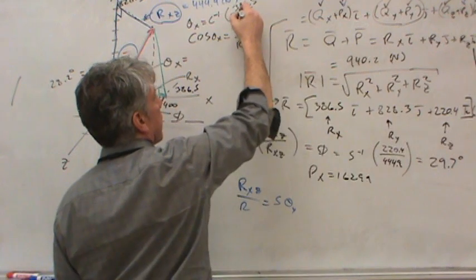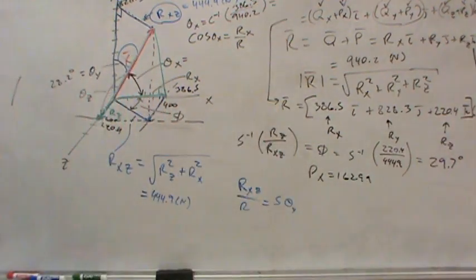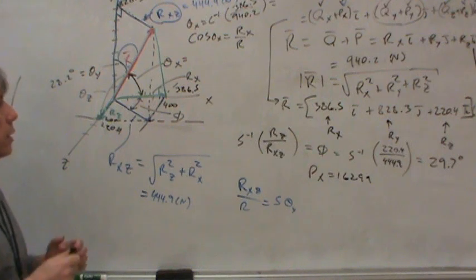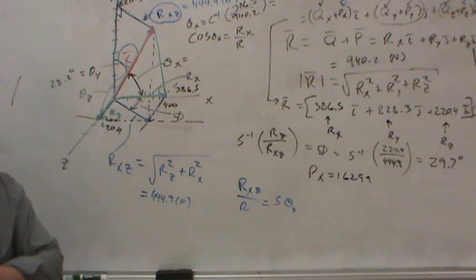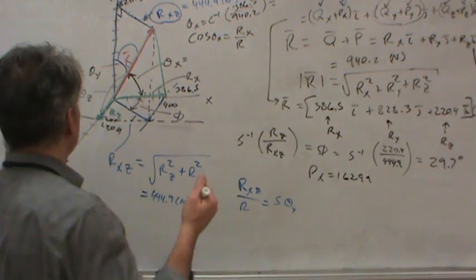R is 940.2. Somebody tell me the value of theta x, please. 65.73.